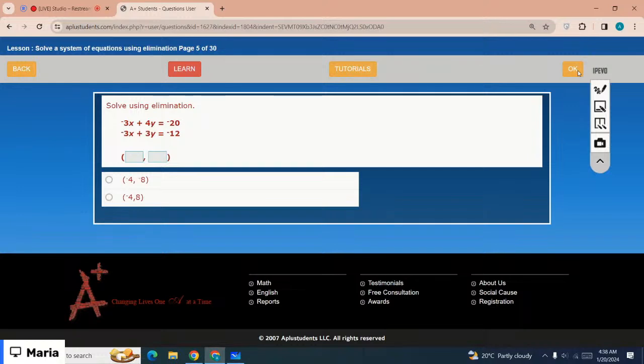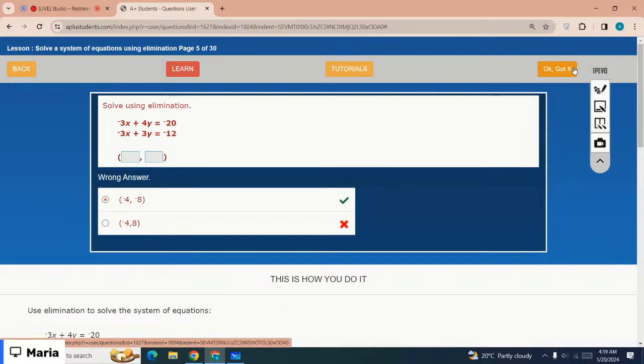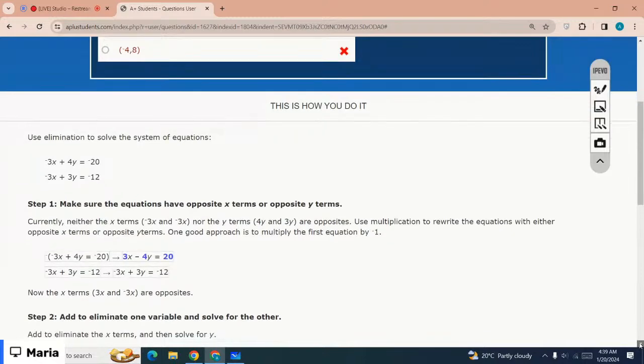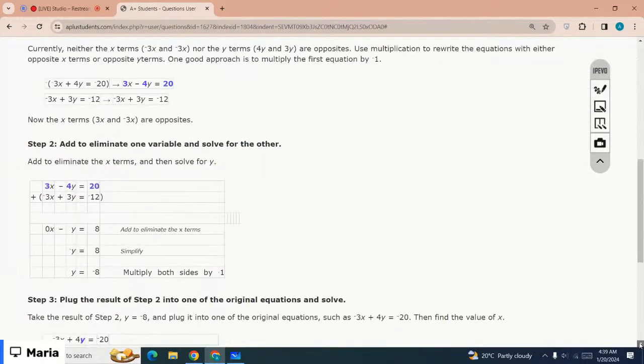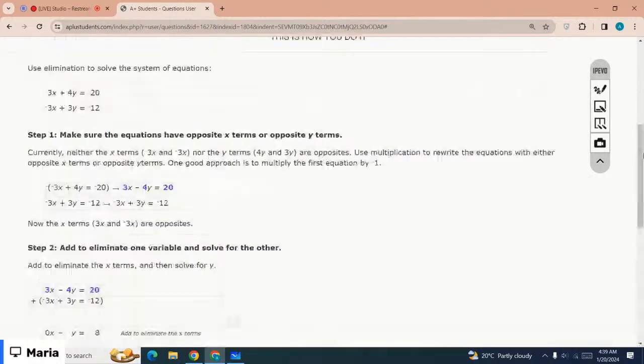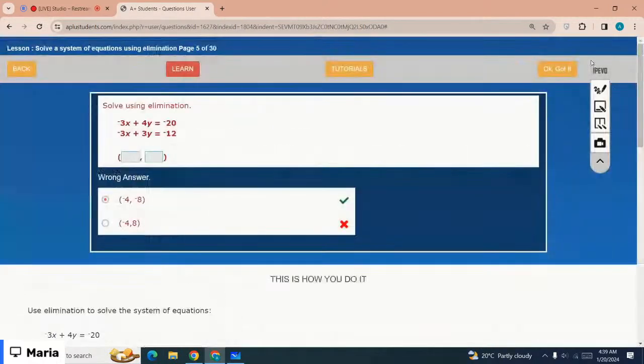The solution of the system is negative 4 and 8. Option number 2 is the correct option, right? Negative 8. Yes, negative 8. The solution is negative 4 and negative 8. Yes, option number 1 is the correct option, right?